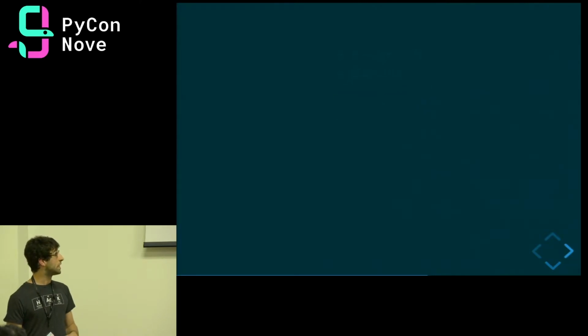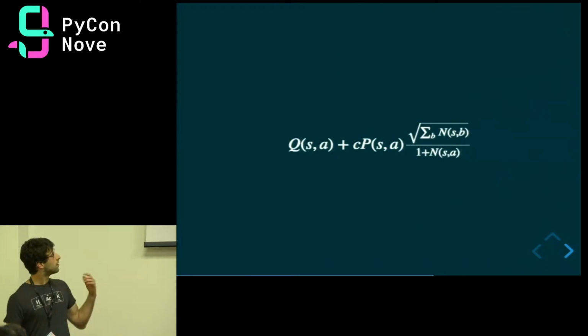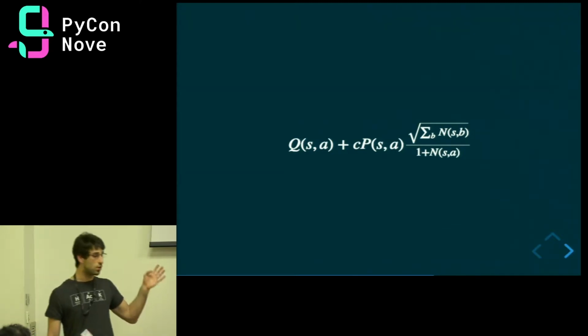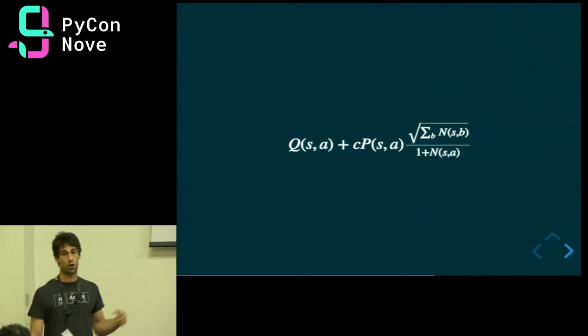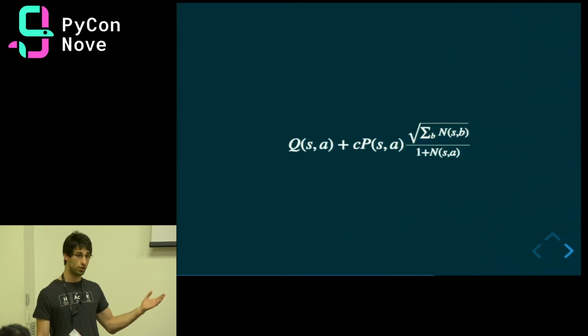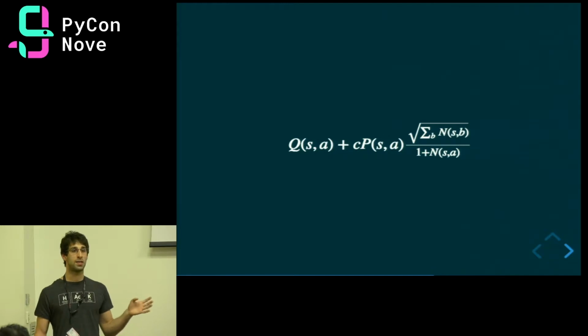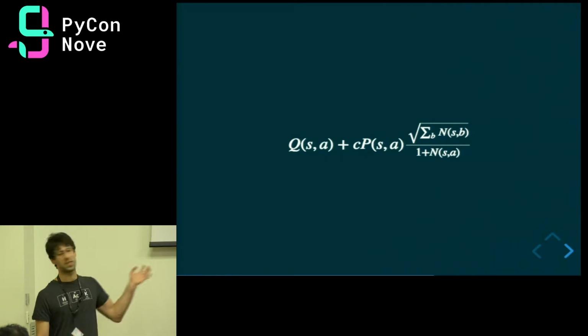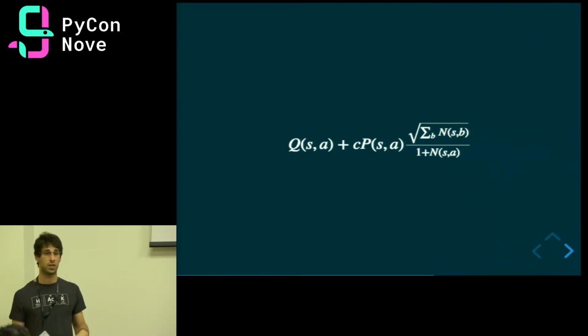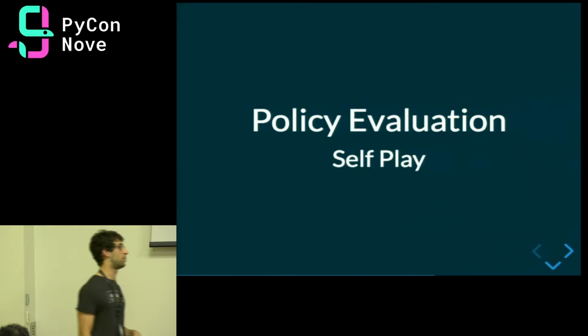I'm not going to go into the detail of it, but you can think of it as a premium that you give to the value that you estimate with the Monte-Carlo tree search, and it's going to prefer actions that have been explored less in a specific situation. It's going to give less premium to actions which are more certain about their outcome. And I think I'm done. Manuel, you're up.